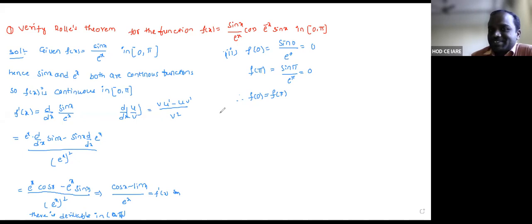So the three conditions of Rolle's theorem are satisfied.